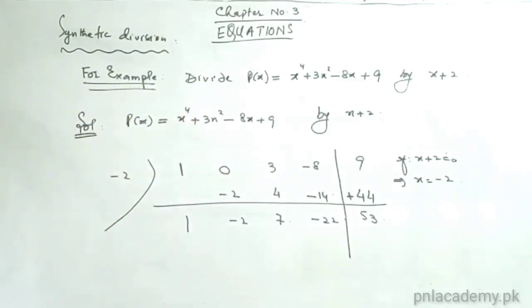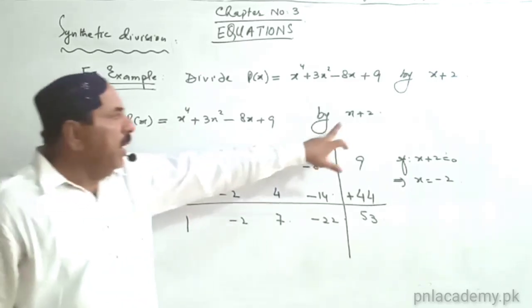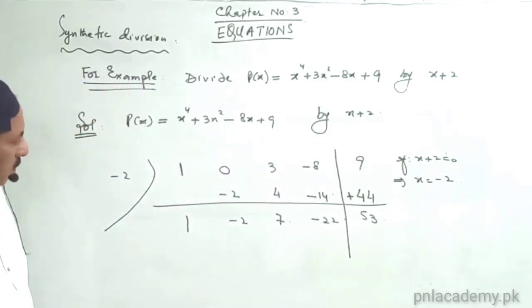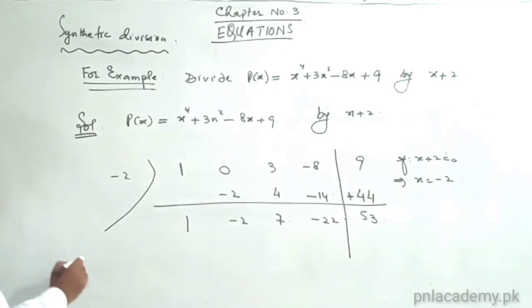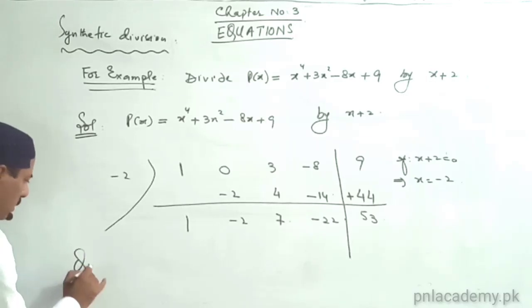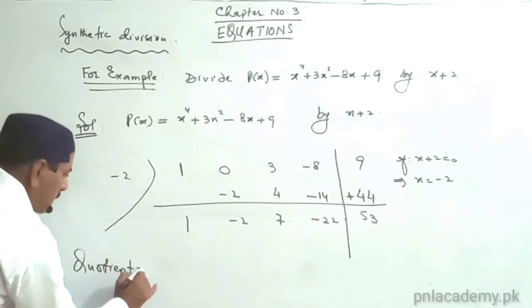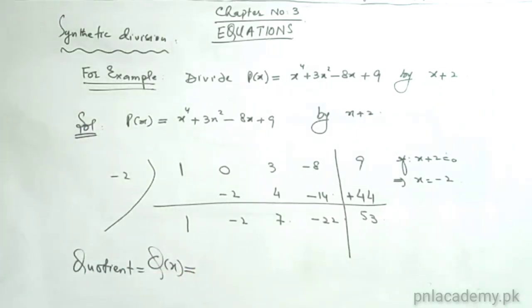Now when we divide the polynomial by any linear, we get the quotient and remainder. So what is the quotient? Quotient is declared just like q of x means quotient of x.